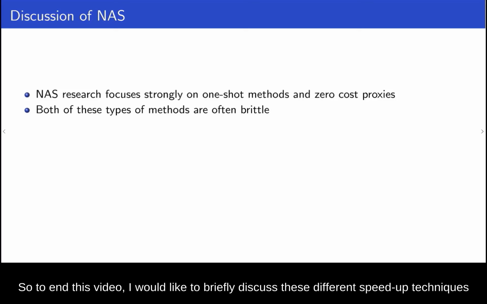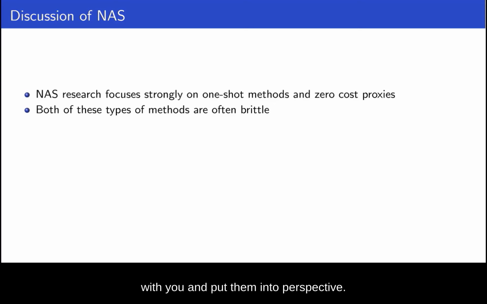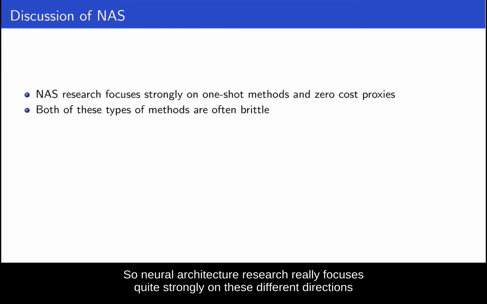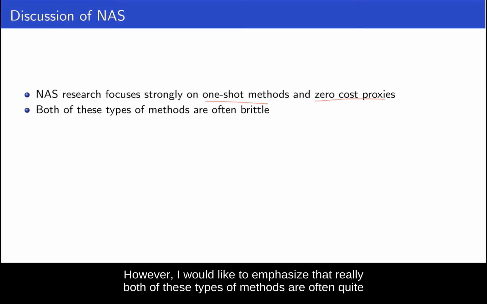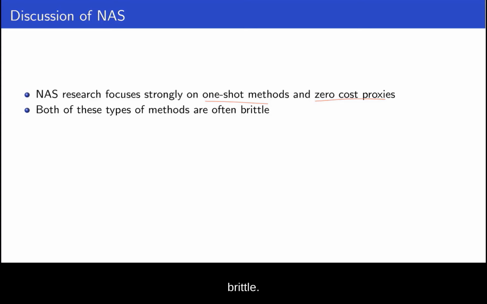So to end this video, I would like to briefly discuss these different speedup techniques with you and put them into perspective. Neural architecture search research really focuses quite strongly on these different directions of one-shot models and lately also zero-cost proxies. However, I would like to emphasize that both of these types of methods are often quite brittle.